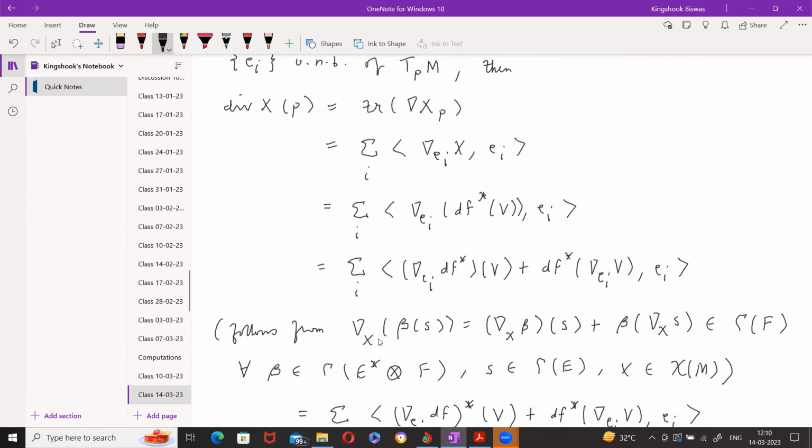I know that all of these covariant derivatives only depend on the value of X at the point P, so this is true for any tangent vector V at a point P in M.